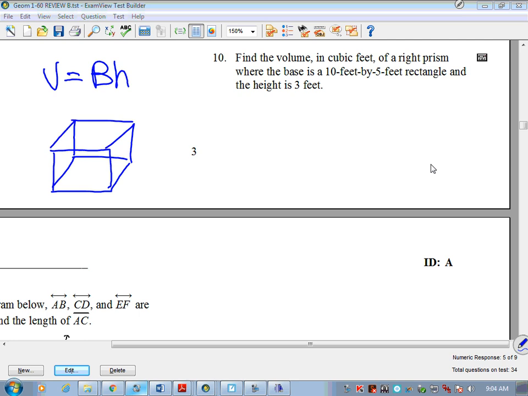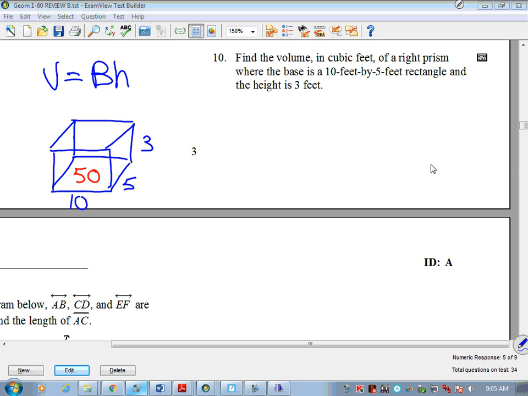is that my base is 10 feet by 5 feet. Because it's a rectangle, I can find that area pretty easy by length times width, which in this case is going to be 50 feet. 5 times 10 is 50. And we have a height of 3.